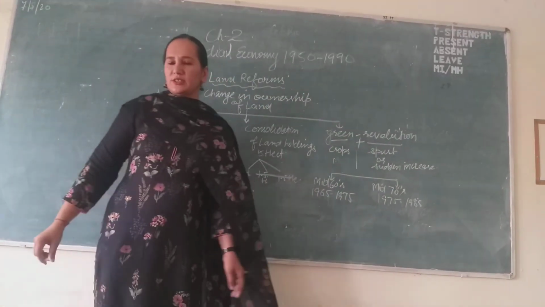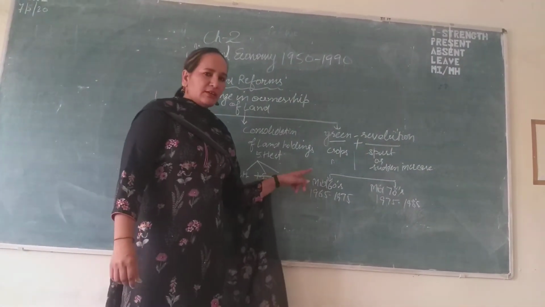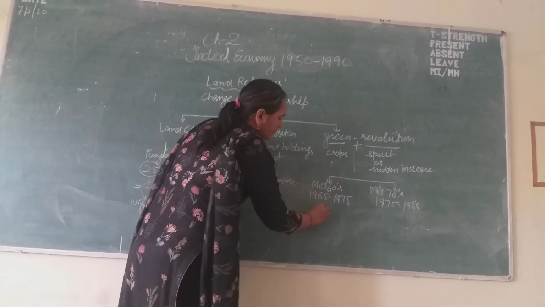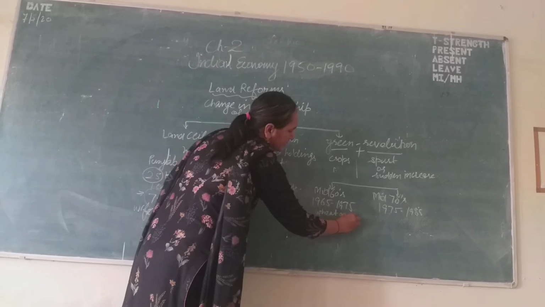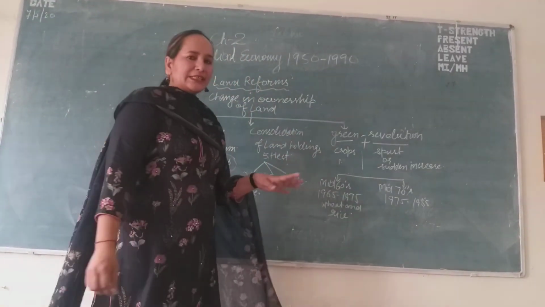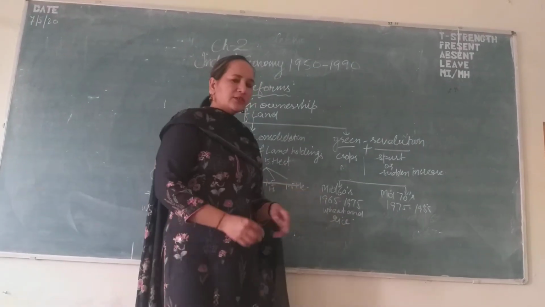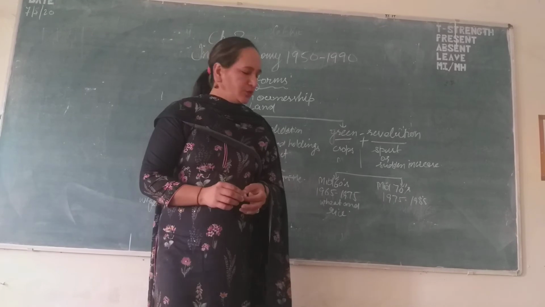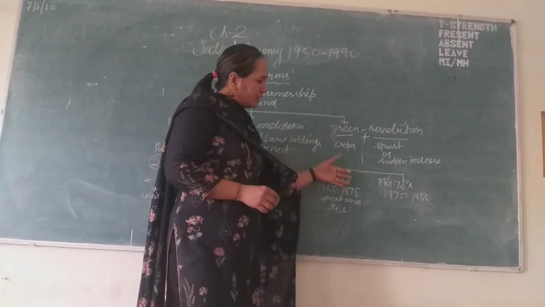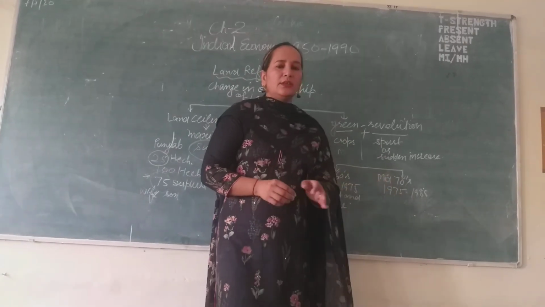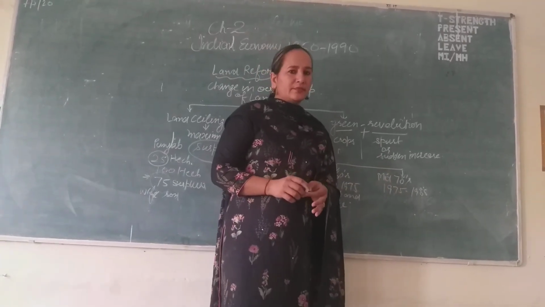In the first phase, green revolution was mainly related with two crops, wheat and rice, and it was confined to a few states like Punjab, Haryana, Gujarat, some parts of MP and some parts of UP. In the second phase, it covered almost all the crops and all the states.